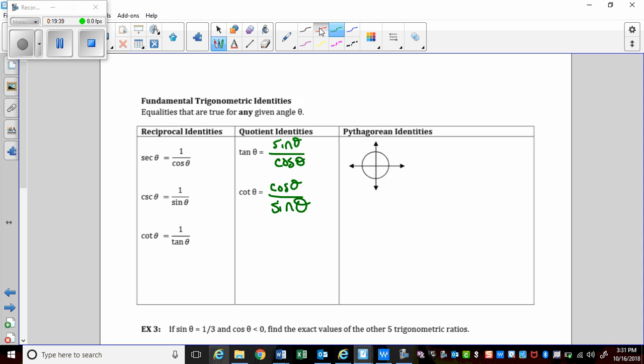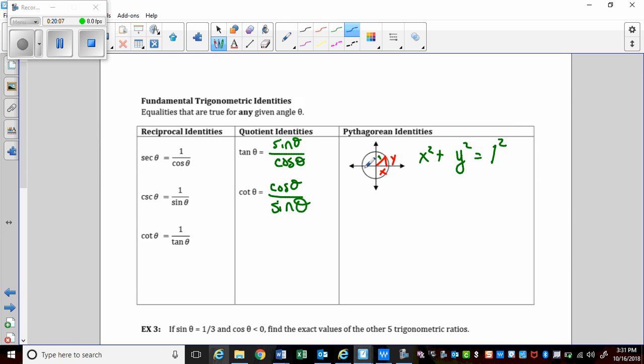There's this really cool Pythagorean identity. You guys know the Pythagorean theorem? And we said if this is my x-axis, and this is my y-axis, and we know this is a unit circle, which means my radius is 1. We know that the Pythagorean theorem is x squared plus y squared equals my hypotenuse squared. 1 is always going to be my hypotenuse.